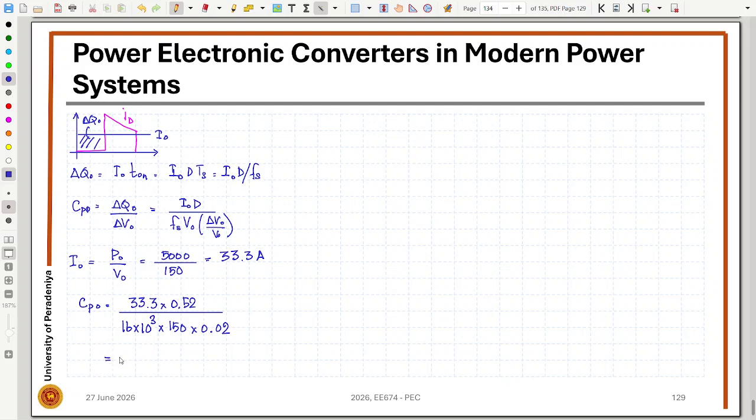So this will give us the answer as 3.61 times 10 to the minus 4 farads, or else we can write this as 361 microfarads. So that will give us the inductance and capacitance of the converter. Now let's try to develop a current controller for the boost converter as well.